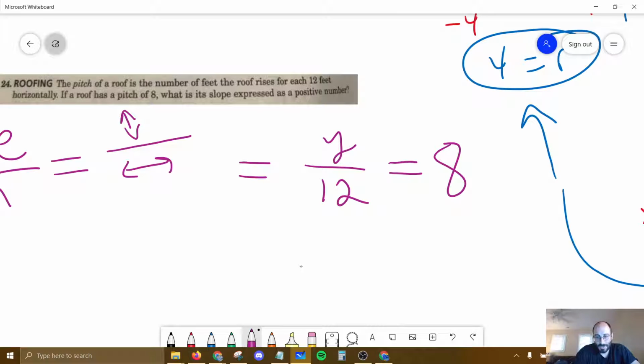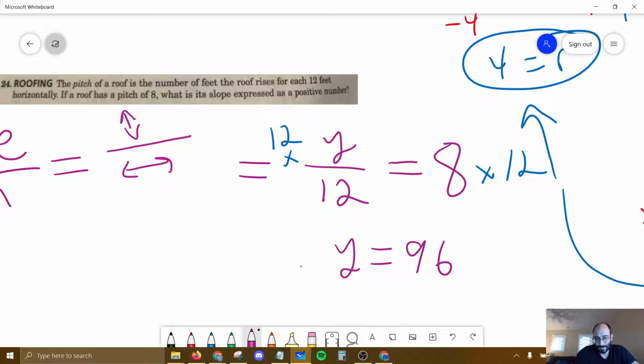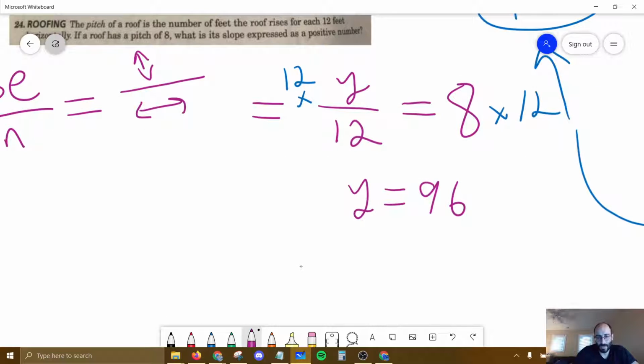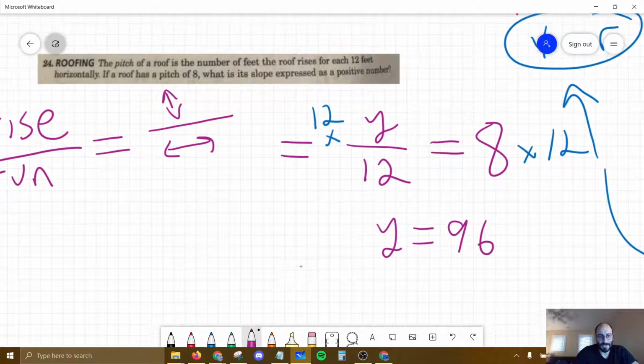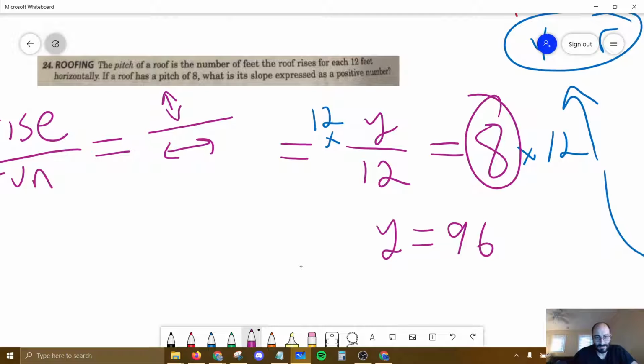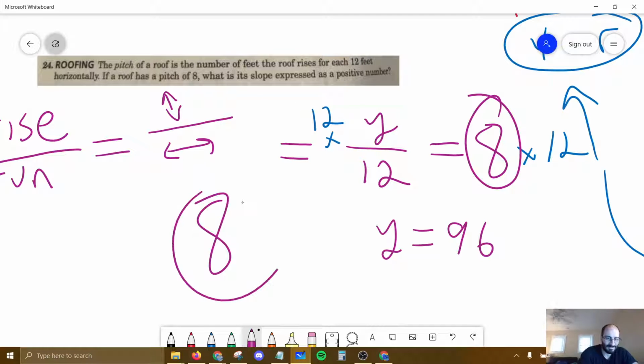So what I would do is multiply both sides by 12, and I get y equals 96. Okay, so what I don't understand is the pitch of 8. Pitch is the slope. So what is the slope expressed as a positive number? Shouldn't it be 8? Now, if it's asking what the rise is, it's going to be 96.